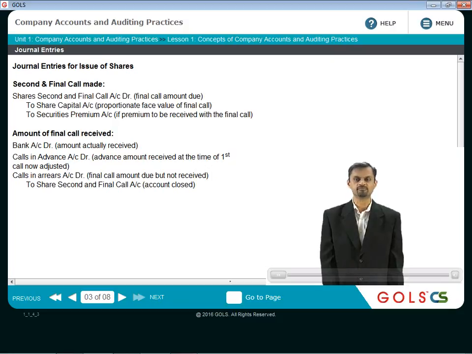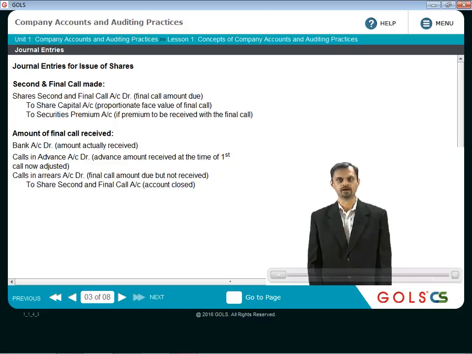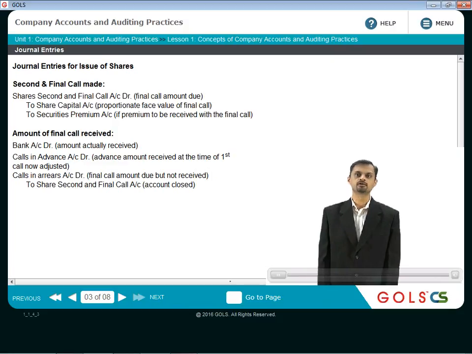Now we have seen here in many of the entries there is calls in arrears account. Now assuming that the calls in arrears are not paid by the shareholders in spite of the notice sent by the company, which gives 14 days period to them to pay along with interest, then the board gets right to forfeit the shares.